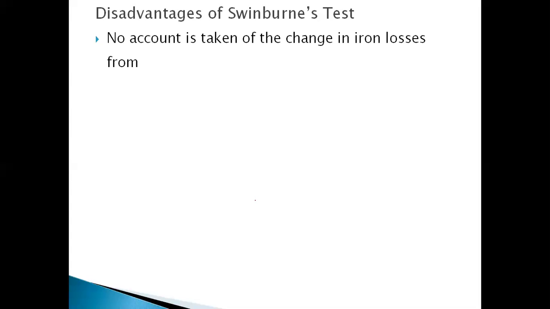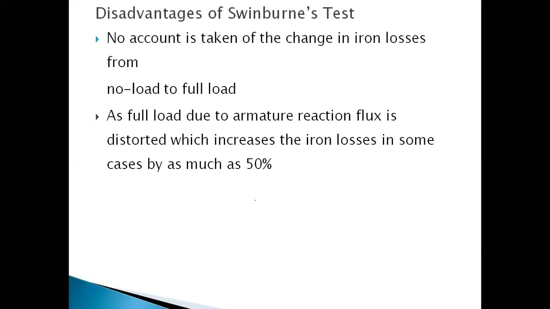Then coming to the disadvantages of the Swinburne test, the change in iron loss from no load to full load due to armature reaction is neglected.